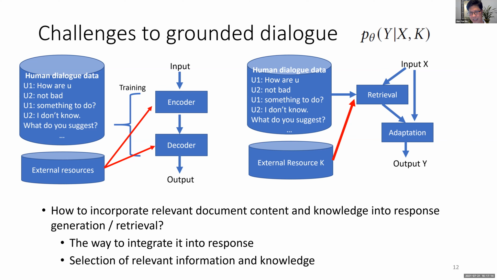So the appropriate selection of those parts of external resources is the key to help the response selection or generation. So that's what I'm going to focus on.